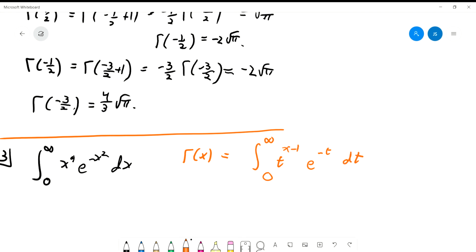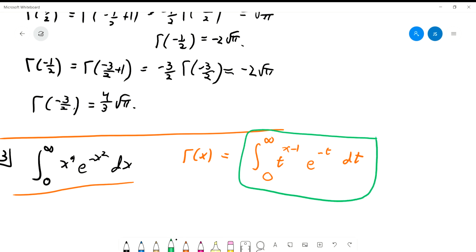And we want to make this integral look something like this one. And so we're going to do the substitution that turns that into minus t. That is, let t equal x squared, so that that exponent will then become this exponent.